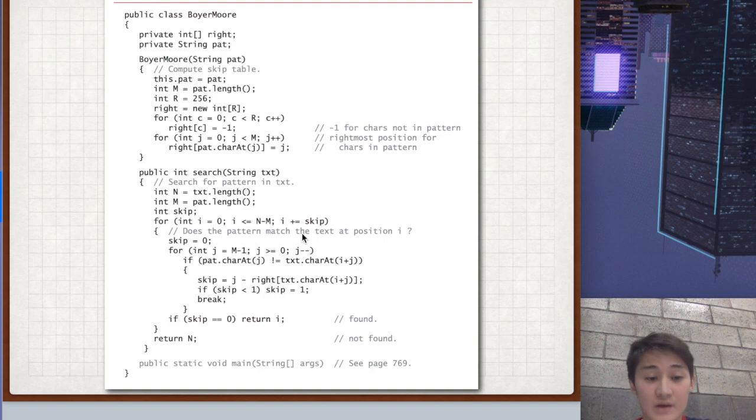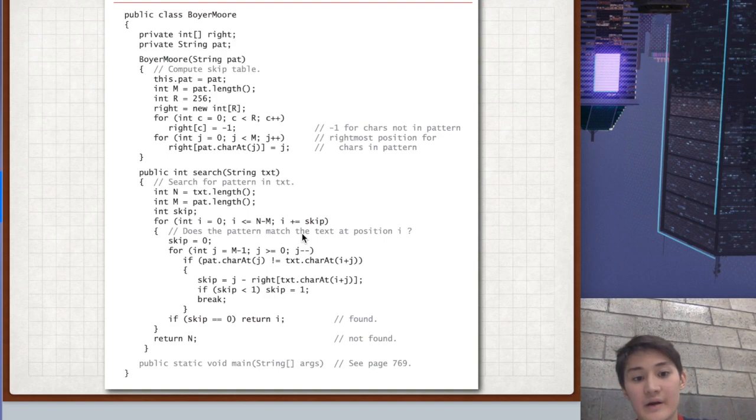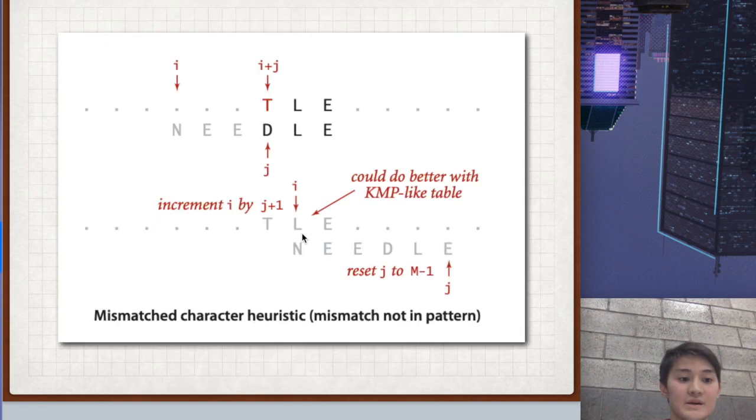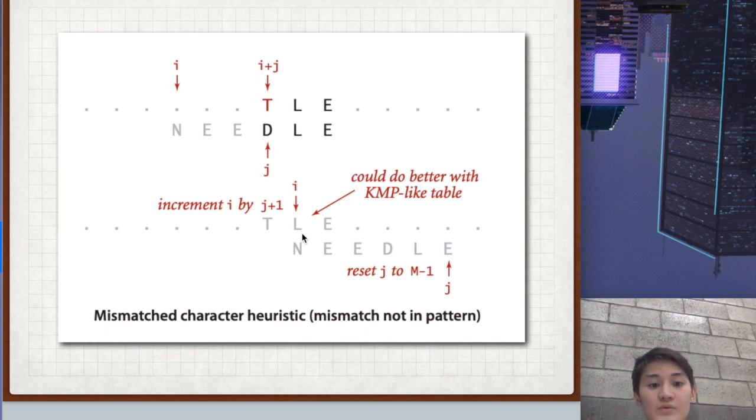Otherwise, there is a character mismatch, and we have one of the following 3 cases. If the character causing the mismatch is not found in the pattern, we can slide the pattern j plus 1 positions to the right, incrementing i by j plus 1.